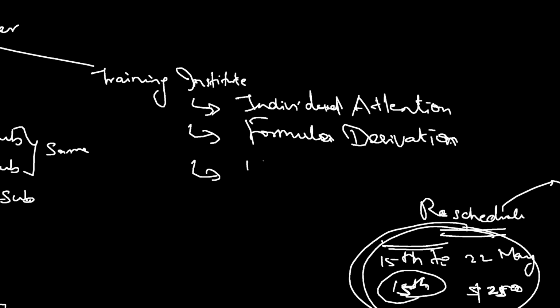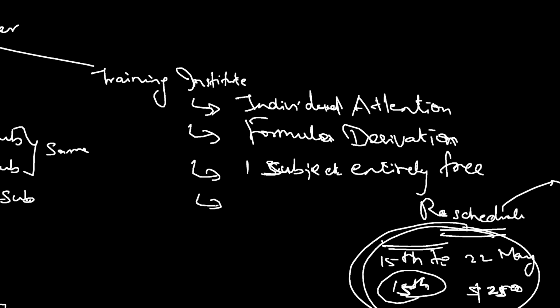One subject entirely free. Most of the times we provide one subject entirely free, so that you can understand the training institute in a better way and take an informed decision rather than gambling when it comes to selecting the training institute.